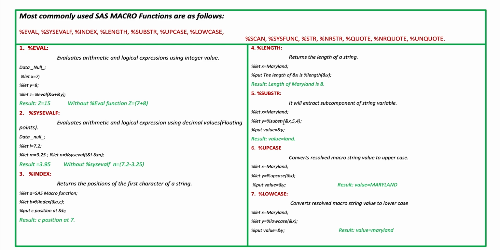Inside the parenthesis we use &x, and we use here 5, 4. This 5 represents the 5th position. It starts with the 5th position and it holds only 4 characters. And we are going to print that value in our log window. That's why it will display land, L-A-N-D.